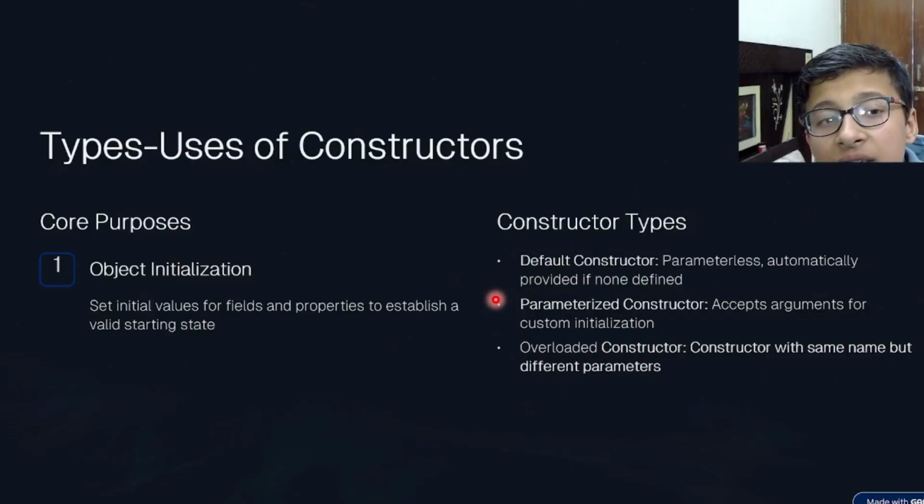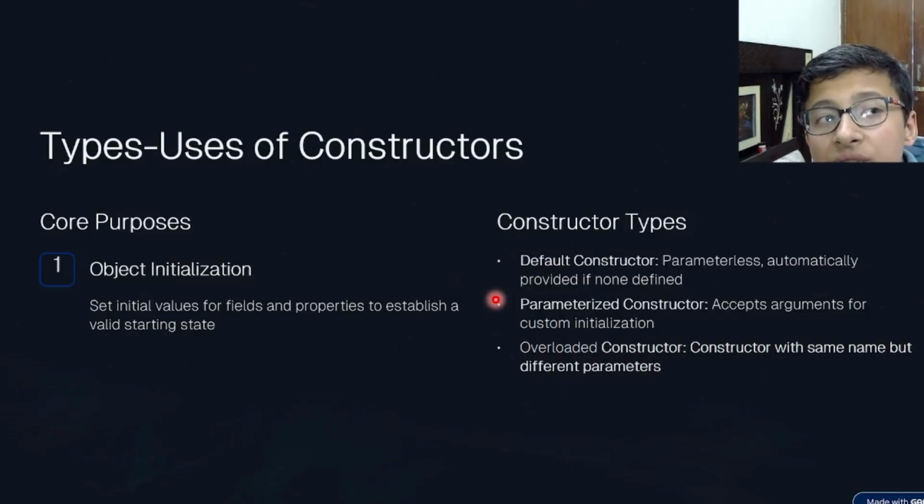A parameterized constructor is created by you. It means C Sharp will not create a parameterized constructor for you. It will only create a default constructor. A parameterized constructor is a constructor in which you pass parameters, not only two, as many as you want. And the third is the overloaded constructor.